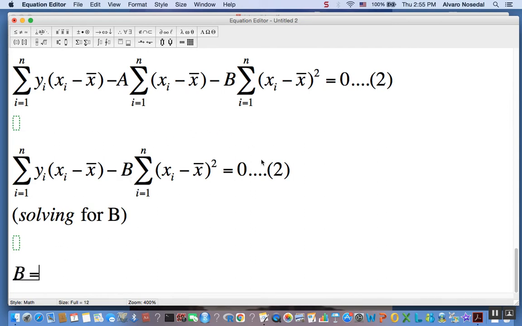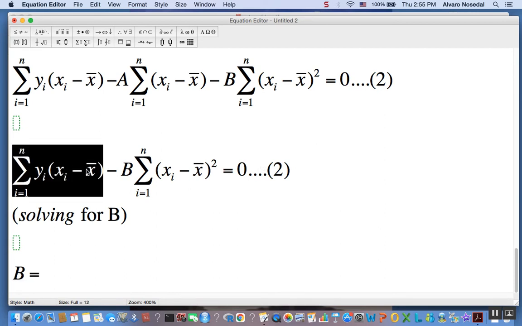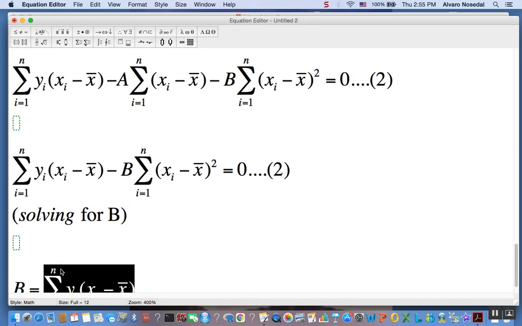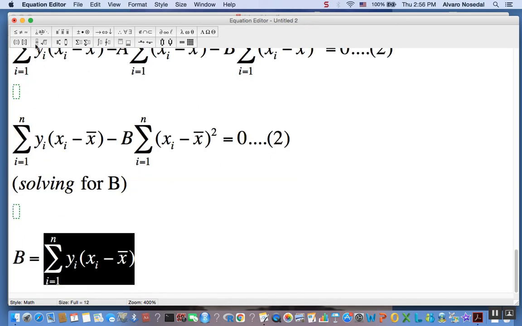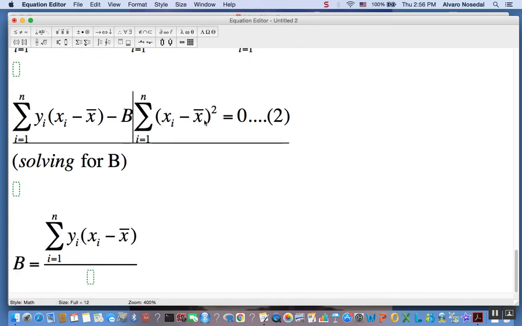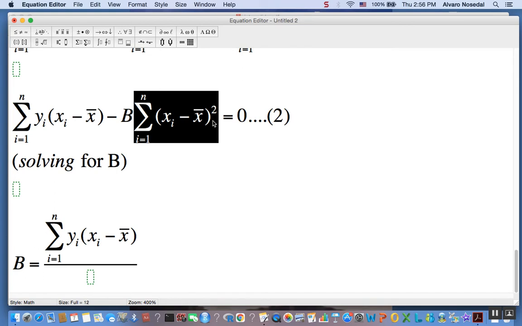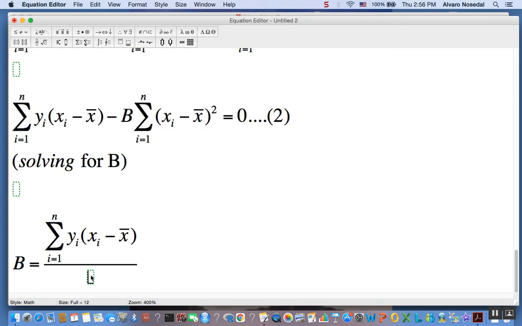This guy would be here on the right hand side, and then we would have the summation of yi's times xi minus x bar, right? And then we divide that by the summation of xi minus x bar squared, right?